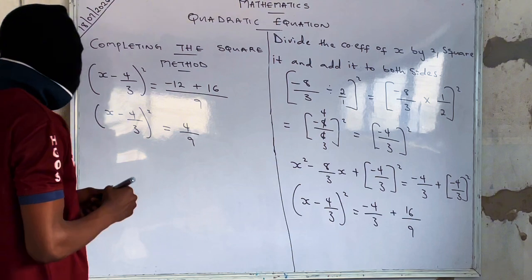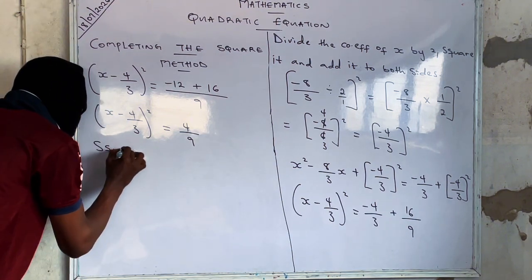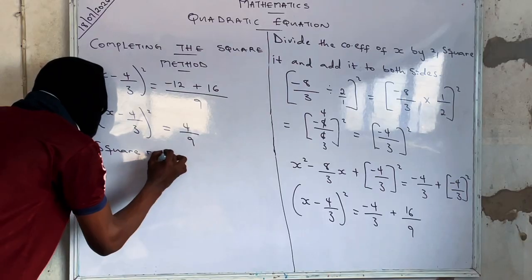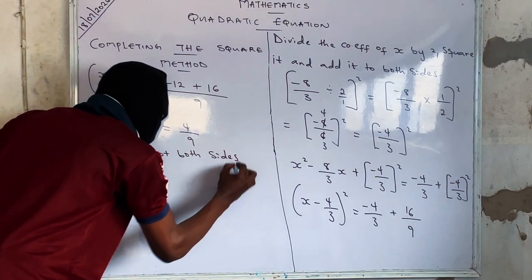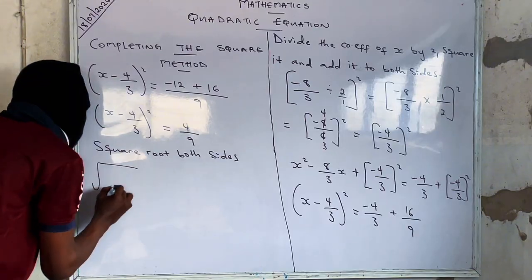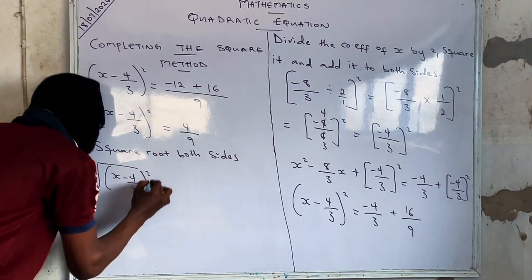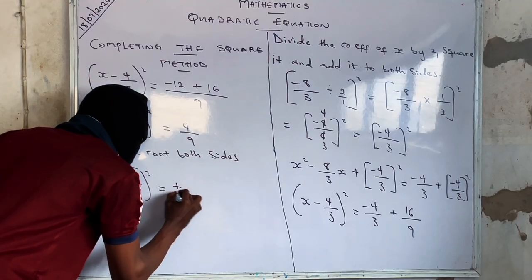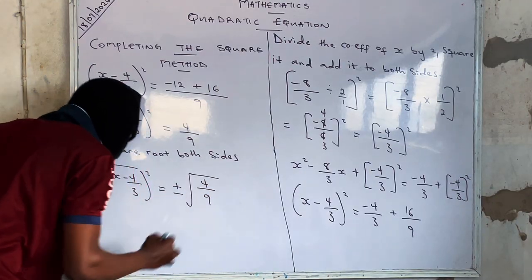Now what we are going to do is square root both sides. So we have our square root, x minus 4 over 3 squared equals plus or minus root 4 over 9.